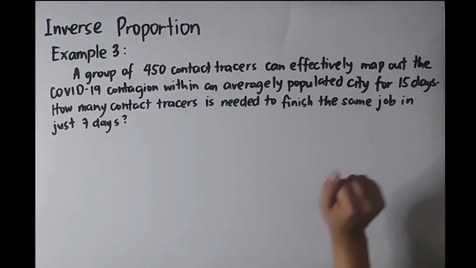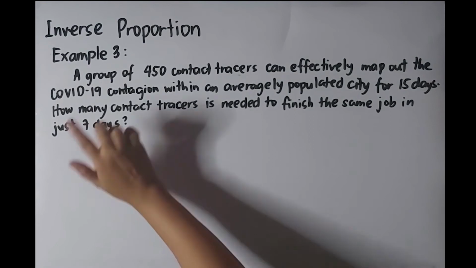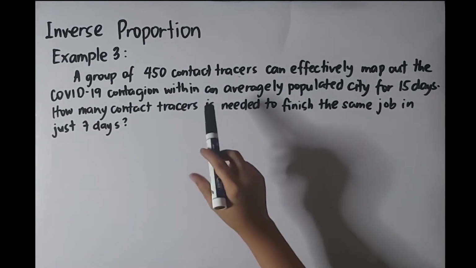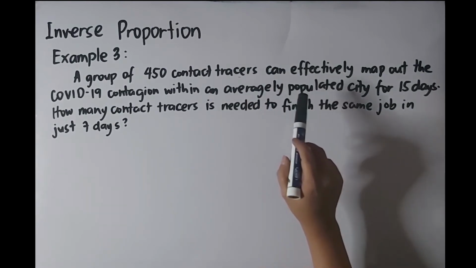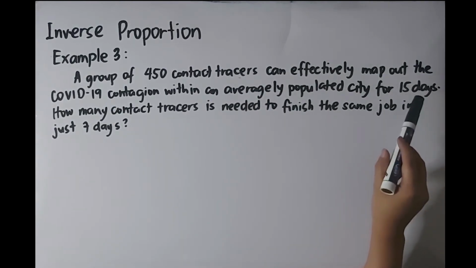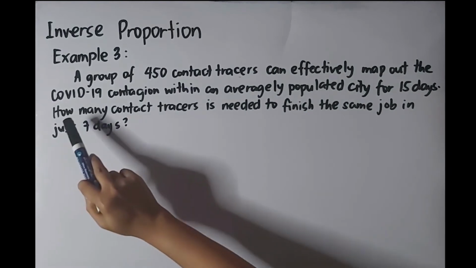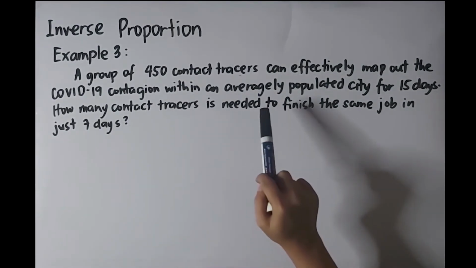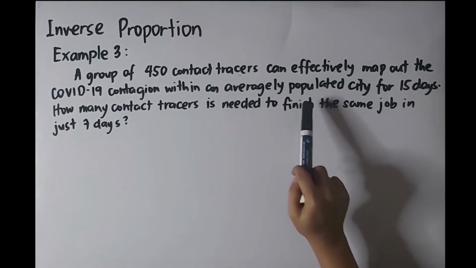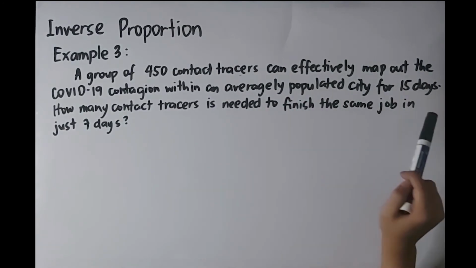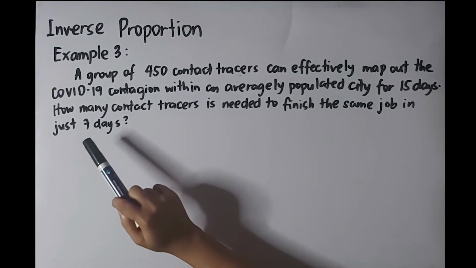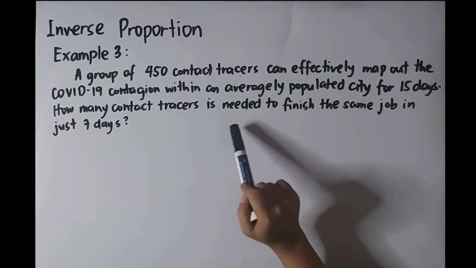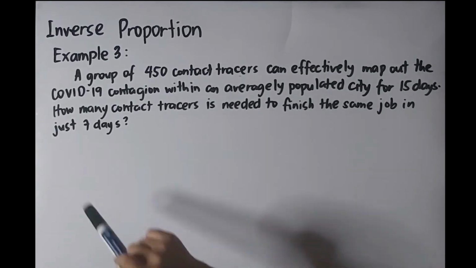Let's now move to the last problem we have in inverse proportion. We have here a group of 450 contact tracers who can effectively map out or find COVID-19 infected patients within an averagely populated city in 15 days. The problem is how many contact tracers are needed to finish the same job in just 7 days.